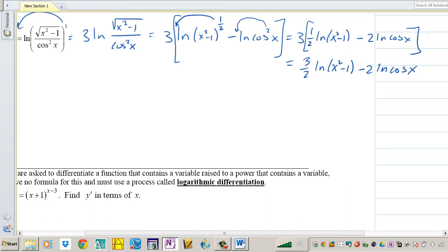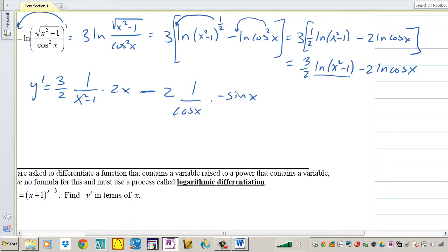Okay, now I can take the derivative of this, starting with 3/2 ln x squared minus 1, which is 1 over x squared minus 1 times 2x, the chain rule, minus 2 times 1 over cosine x times negative sine x, the chain rule of cosine. Let's clean this up a little bit.